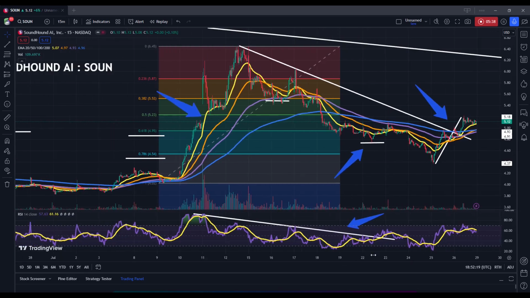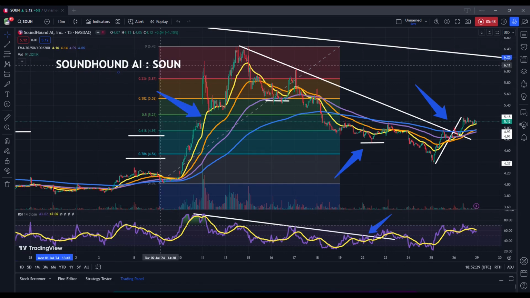As we can see here, this momentum indicator, the trend momentum, has now broken to the top side. What this tells us is that the downside bearish momentum that was characterizing price action in SoundHound has now run its course. It's no longer an active trend, because it has already been violated to the top side.